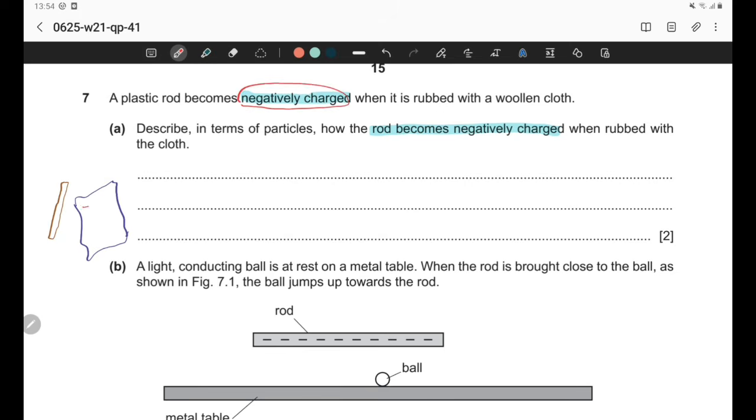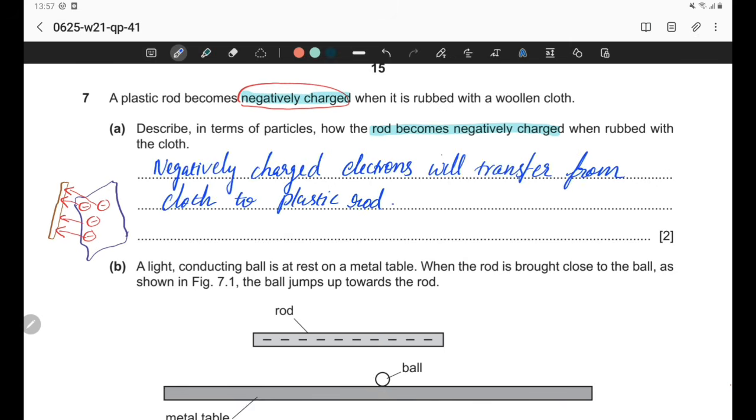That means the electrons from the cloth are transferring to the rod, so that the rod will gain more electrons and the cloth will lose electrons. So the plastic rod will become negatively charged and the cloth will become positively charged because of the absence of electrons. So we can write: negatively charged electrons will transfer from cloth to plastic rod.